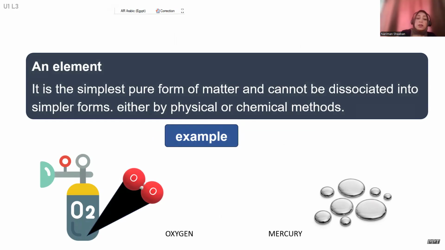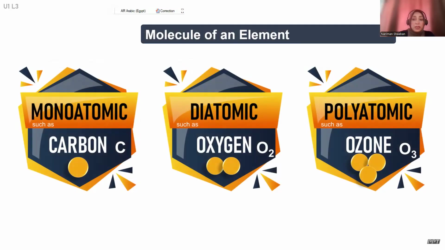For example, the oxygen molecule comprises two oxygen atoms, and mercury is also an example of an element. A molecule of an element may be monatomic, diatomic, or polyatomic. Mono means one, so monatomic means the element comprises one atom, such as carbon.